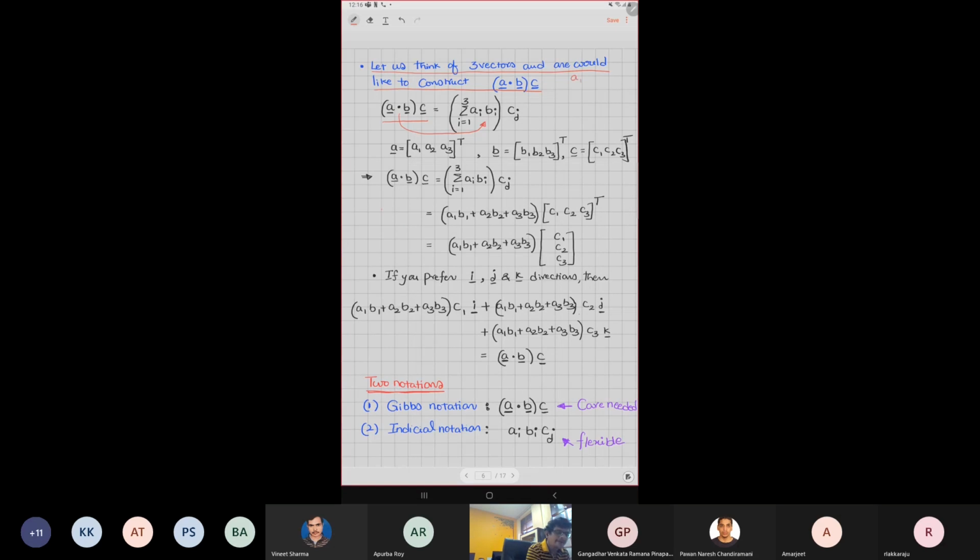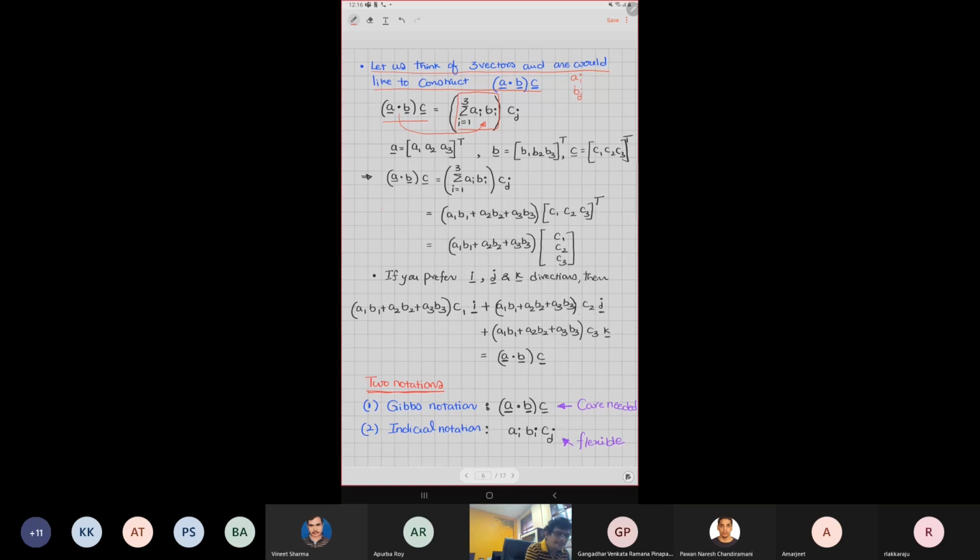A is Ai, A1, A2, A3. B is Bj in the loop 1, 2, 3, B1, B2, B3. Now the A vector and B vector are multiplied with each other, that means I need to construct a loop, i equals 1, 2, 3, AiBi.